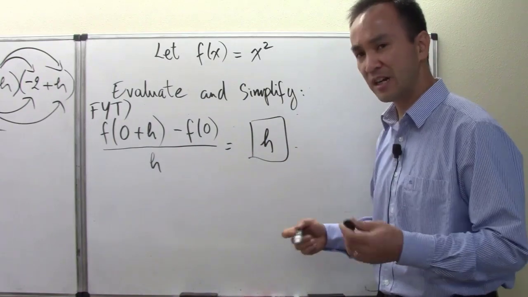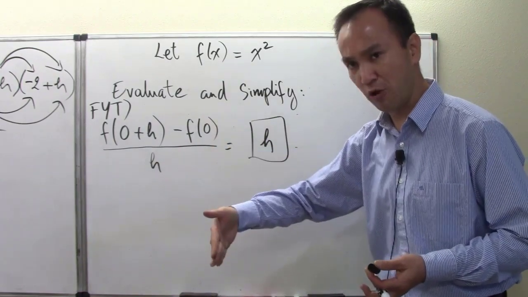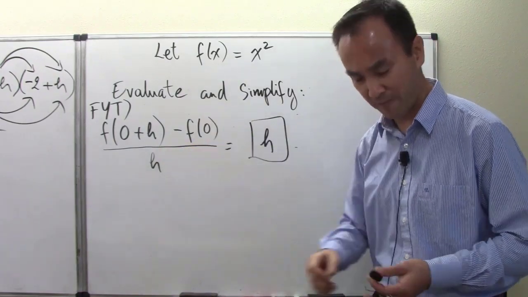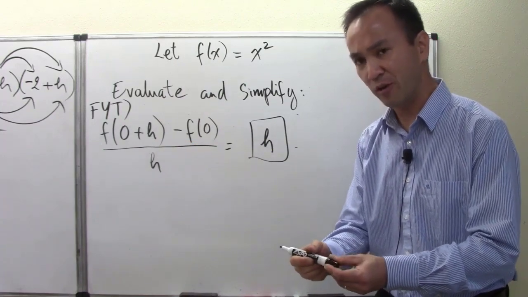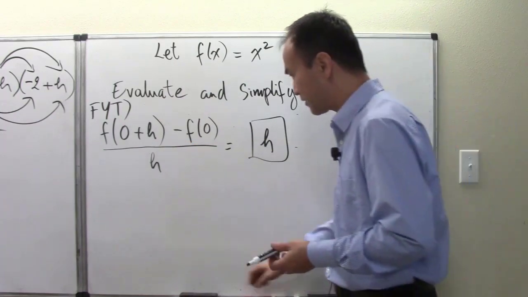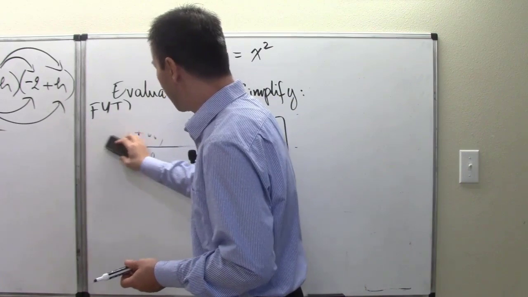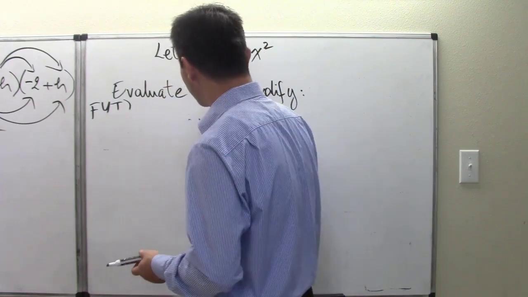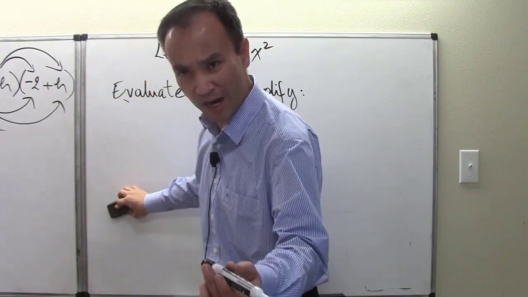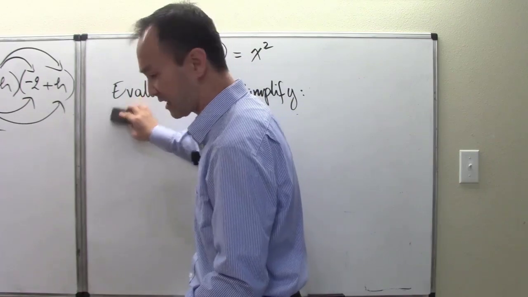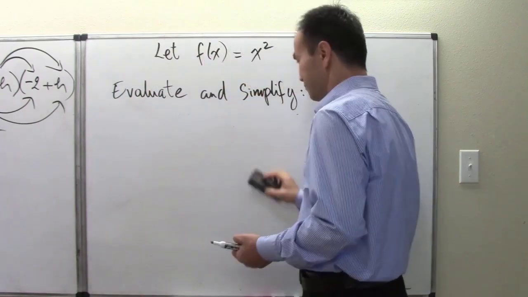So up to this point, I've shown 2 problems, and I left 1 problem for anyone watching this lesson to do on your own. But now let's put the 3 problems together, your FYT together with the 2 problems that I did.